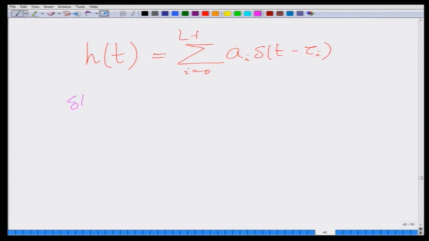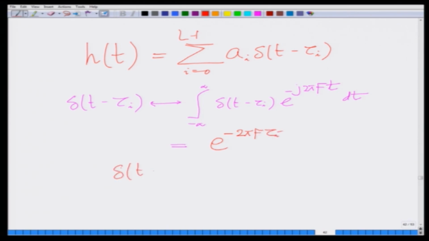Now, we also know that for each delta(t minus tau_i), the Fourier transform is the integral from minus infinity to infinity of delta(t minus tau_i) e to the power of minus j 2 pi f t dt, which is equal to e to the power of minus j 2 pi f tau_i. So, each delta(t minus tau_i) has a Fourier transform which is e to the power of minus j 2 pi f tau_i.